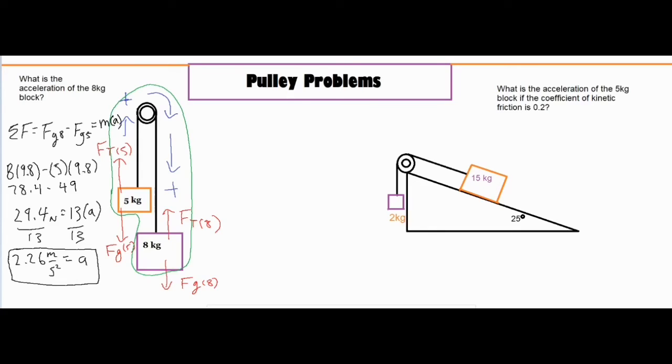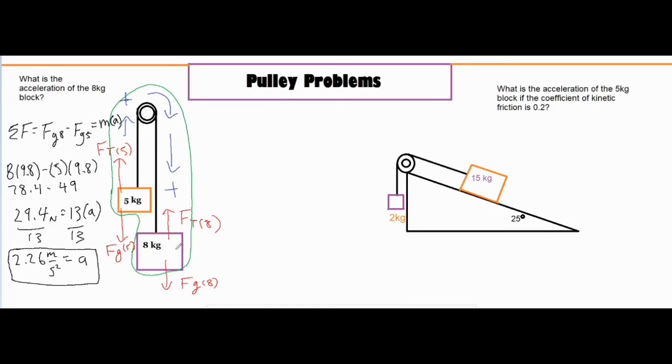All right, so I went ahead and did mg, mass times 9.8, for my 8 kilogram mass minus the mg from my 5 kilogram mass, which left me with a net force of 29.4 newtons. Now, one of the key components to doing a pulley problem or an Atwood machine type problem is taking a look at the whole system.